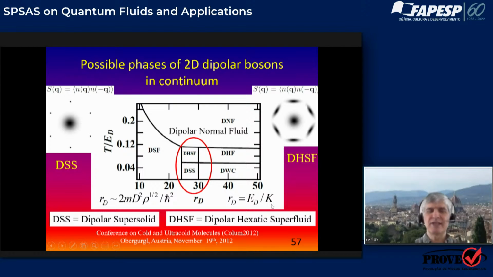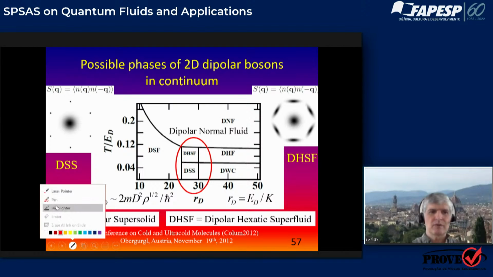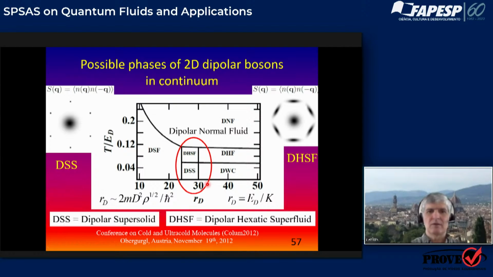So you create some non-uniform solution in the system, which has both superfluid properties and crystalline properties. And as you increase the temperature from low to high, this supersolid can melt the same way as the Wigner crystal could melt.